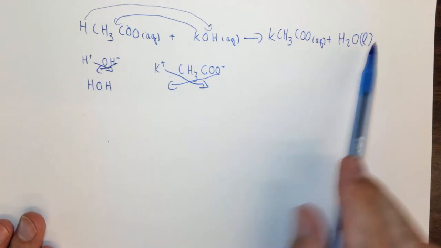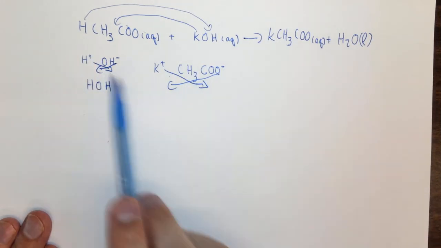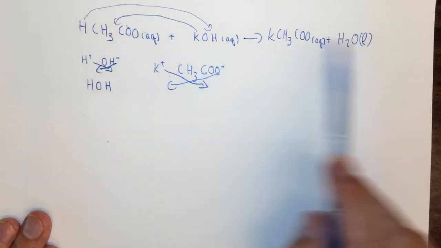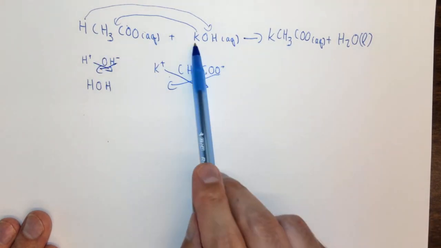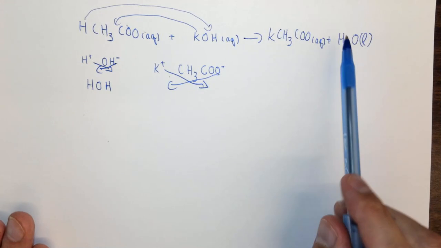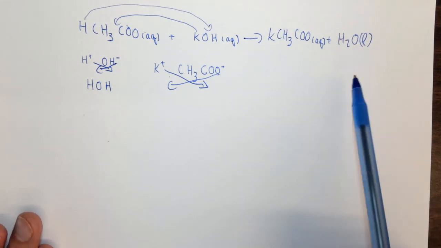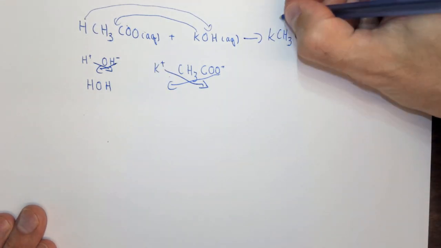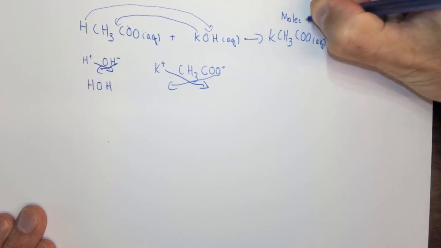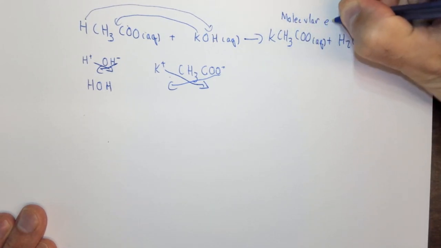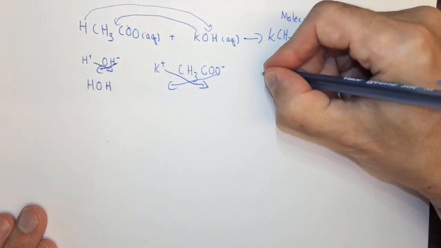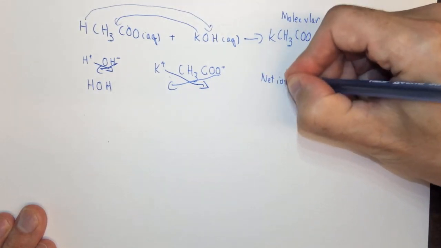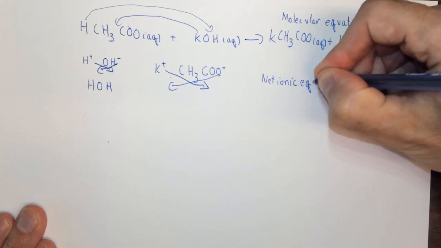And this is balanced because we have one H from the acid, one from OH, the O, acetate, K, and K. So it's all 1 to 1. So this is the balanced chemical equation. Note that this would be called a molecular equation for an acid-base reaction, and we could write this as a net ionic equation.